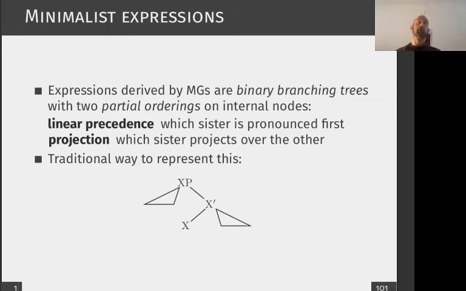Okay. So the traditional way to represent this information is on the slide. It's been on the slide these entire 20 minutes that I've been talking, and it's using the X bar notation. Okay. So X bar notation encodes this projection relationship between sisters using node labels.